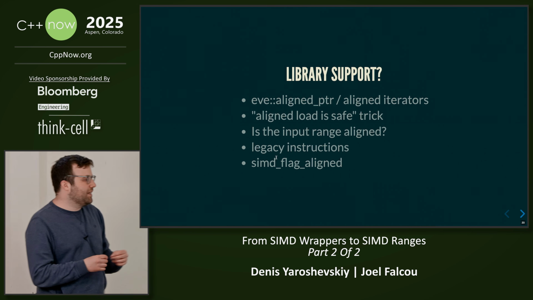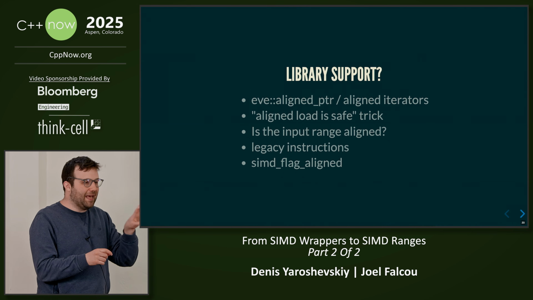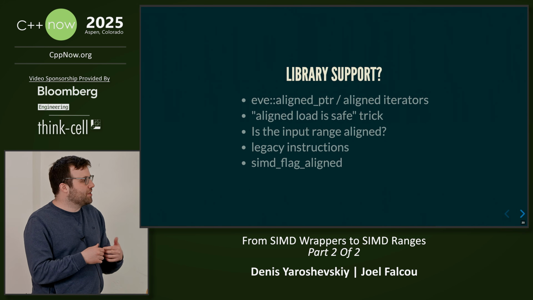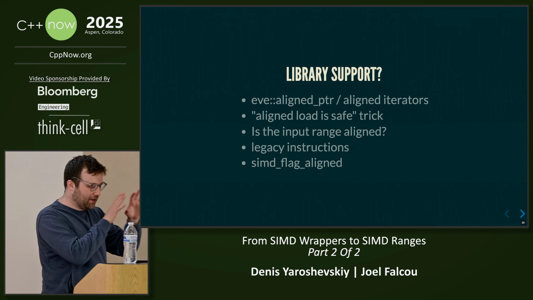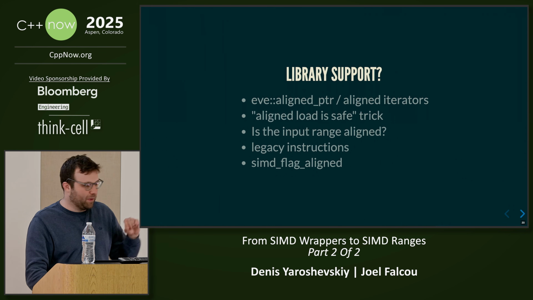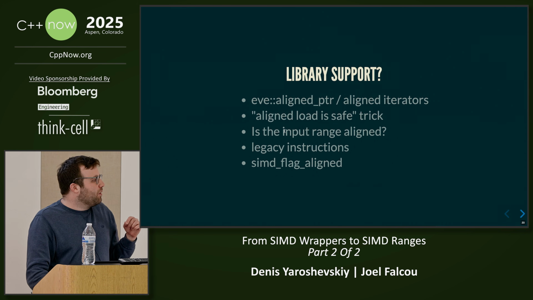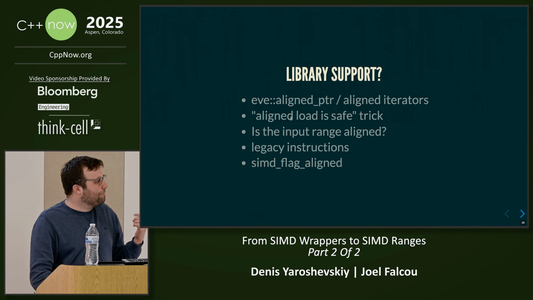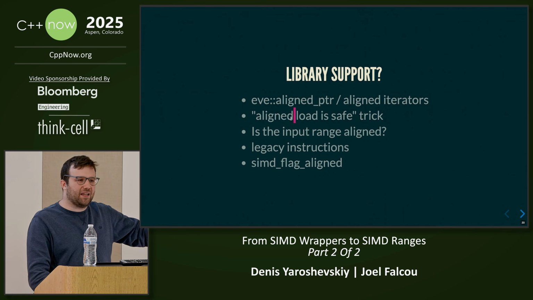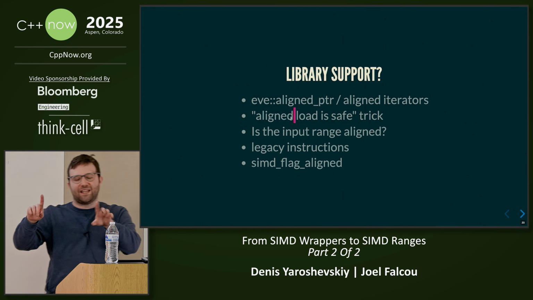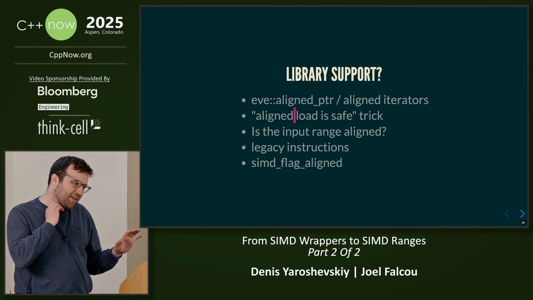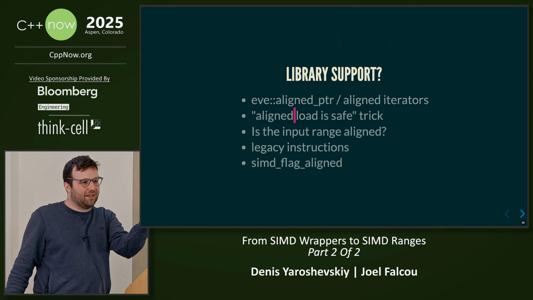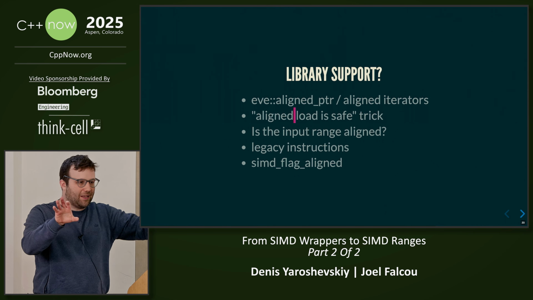You basically pass it to a load, and it tells the load that the pointer is aligned to the appropriate size. What they get from it is that they generate the legacy instructions, and for certain things, like if you know that you load a fixed-size range in the std::simd API, they can use the aligned load as a safe trick.